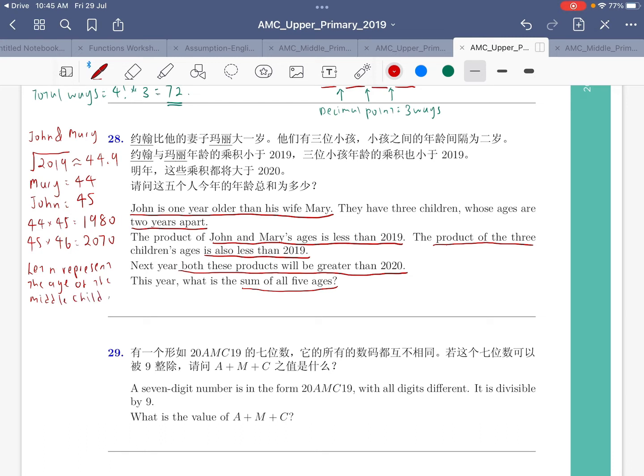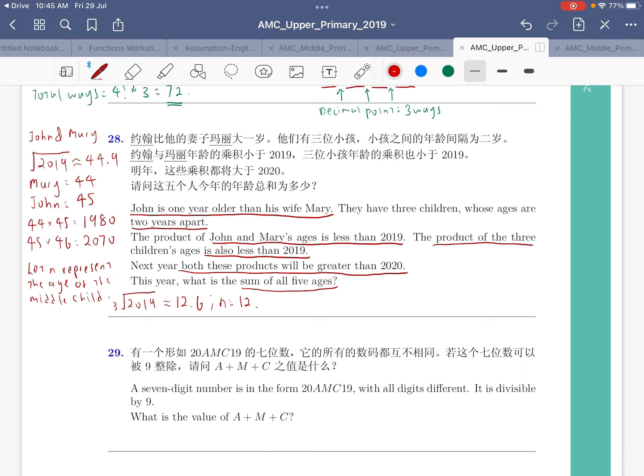And then we keep in mind that the cube root of 2019, using our calculator, would yield roughly 12.6. So the middle child's age, we can roughly estimate as n equal to roughly 12.